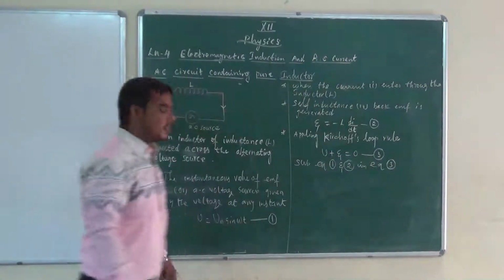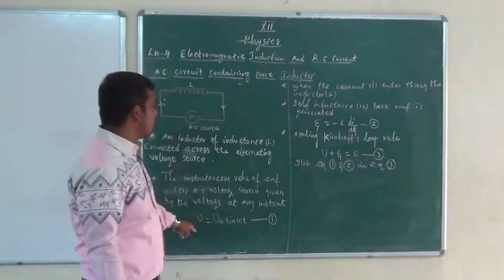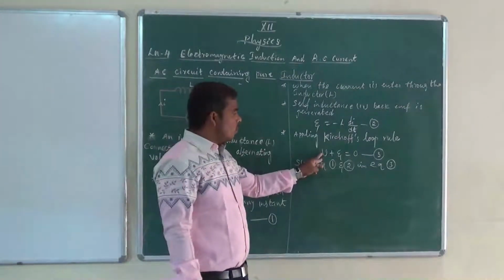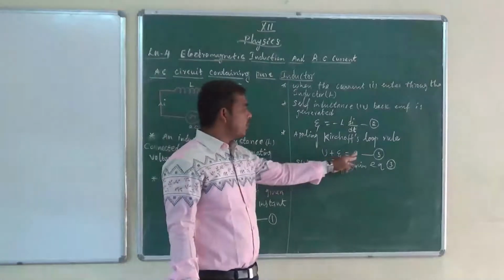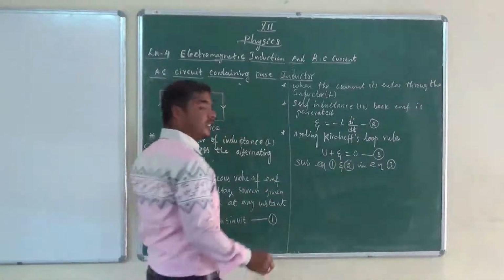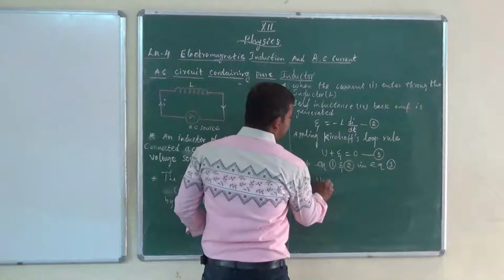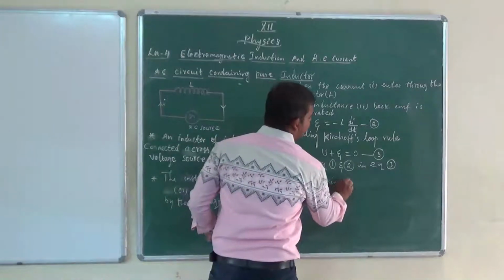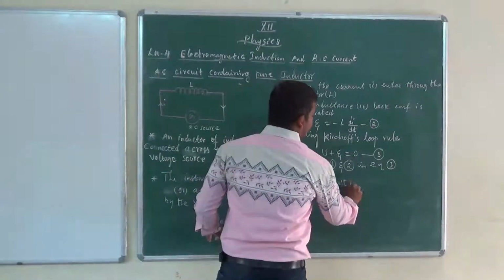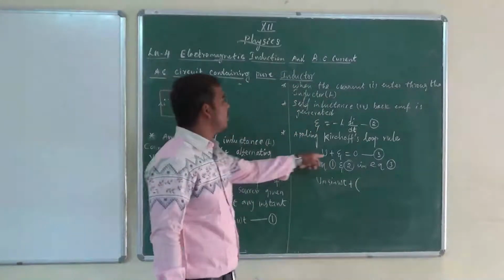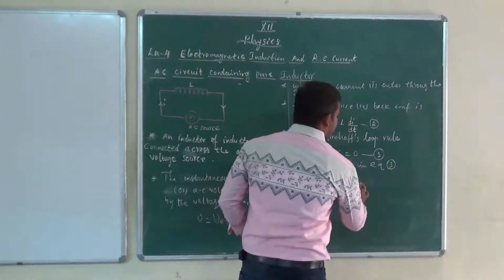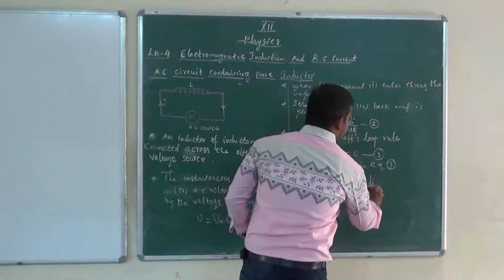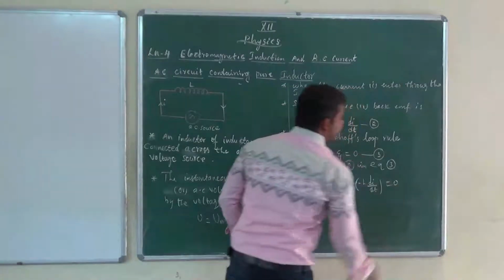So what do we get? Equation number 3 is voltage plus induced EMF equal to 0. The voltage is Vm sin omega t, plus the induced EMF, minus L di by dt, equal to 0.